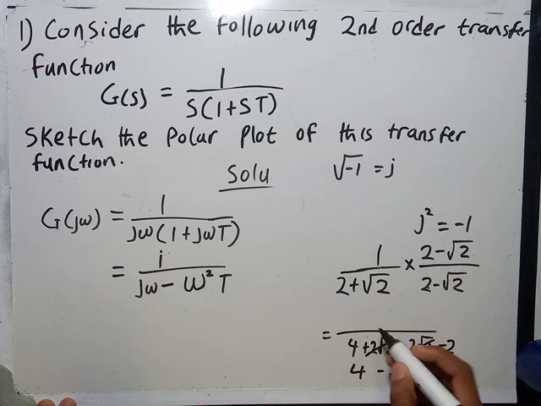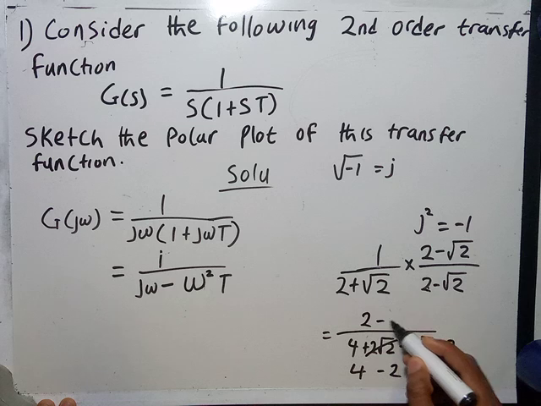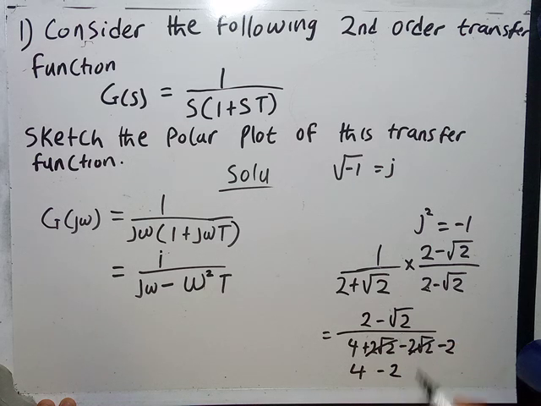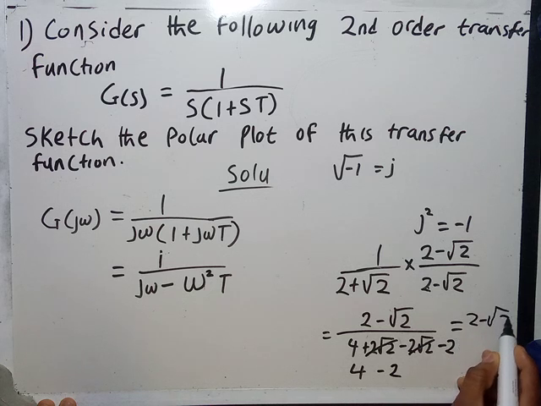Now for the numerator, we'll be having 2 minus root 2. Now 4 minus 2 is 2. So if you press this in the calculator, you're going to be having 2 minus root 2 all over 2. How we got our 2 here is 4 minus 2.